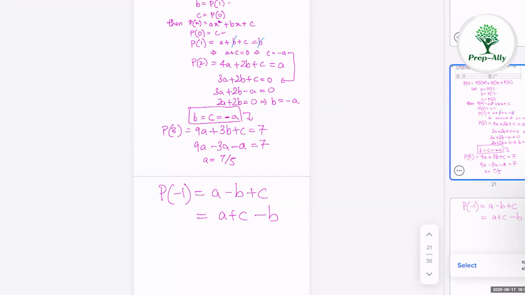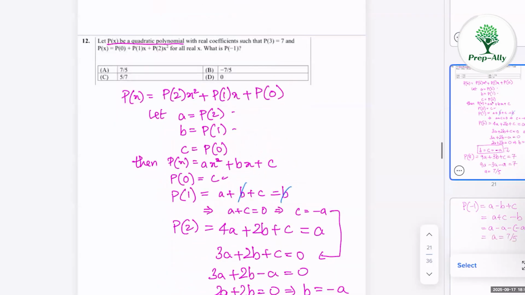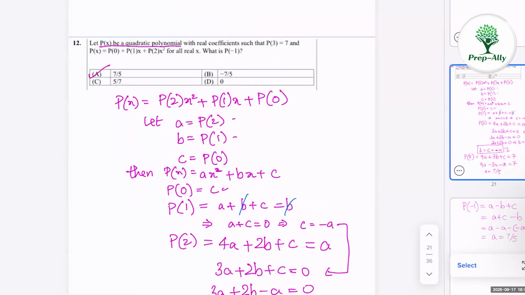So if we put this result in this again, we get a minus a minus of minus a, which is equal to a, which is 7 by 5. So the answer to this question is option A, 7 by 5.